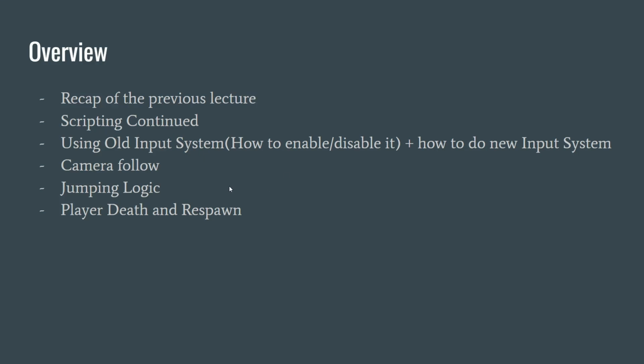Then we'll do some camera follow, because the camera will have to follow the player as it moves towards the right, like in Geometry Dash. Then we'll go over how to make the player jump. And if we have time, we can go into the death, the respawning, all the life cycle things for the game.